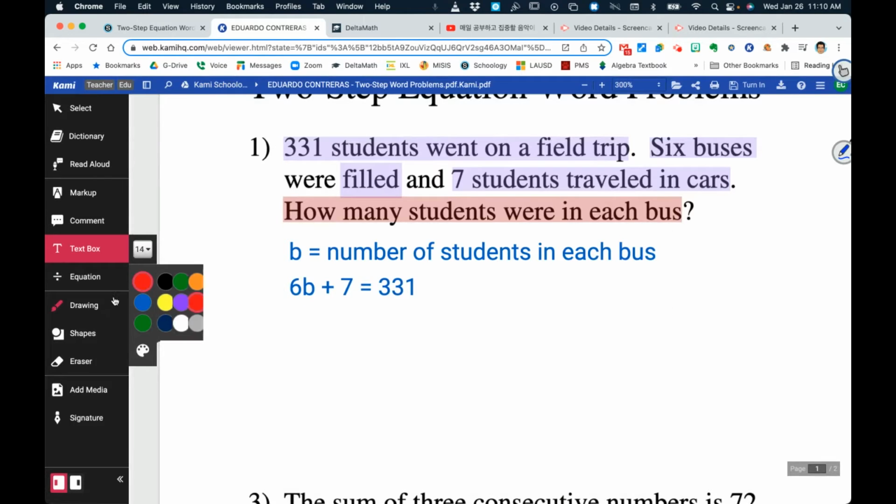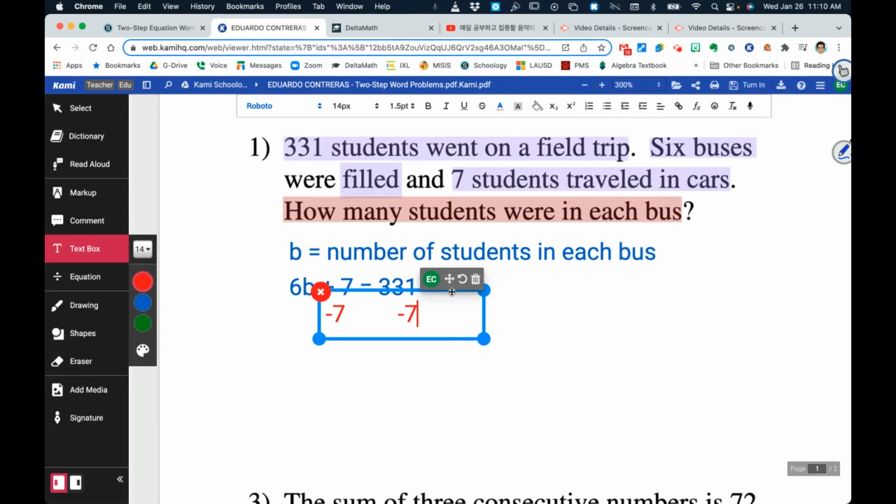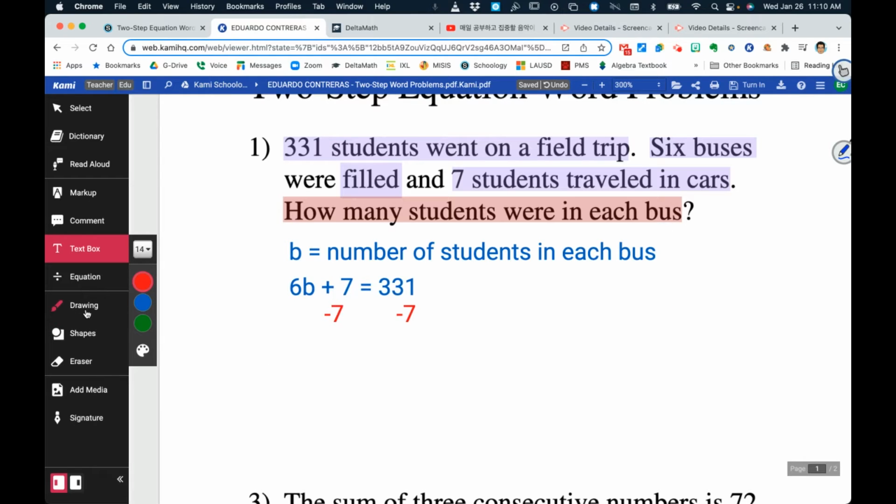Let me just type it at this point. Minus 7. And over here, we take away 7. Right? And let's see what that gives us.